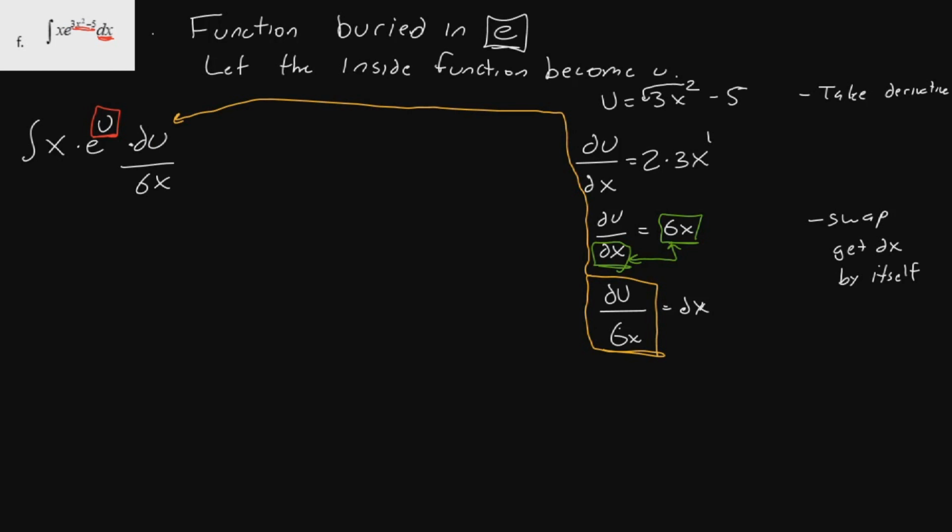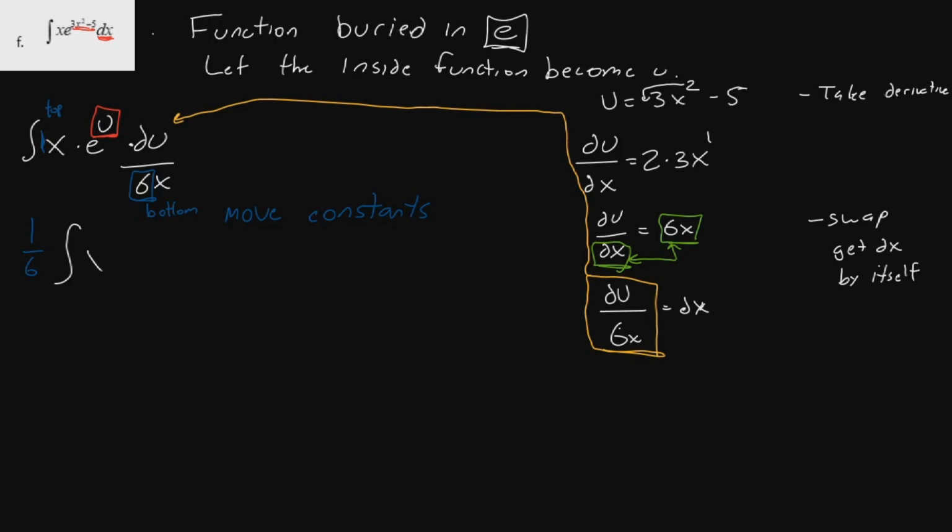Now, let's take our constants and move them out. We have a 6 on the bottom, and we have no numbers on top, so we'll use 1 on the top and 6 on the bottom. So now, when I write my integral, I can put my 1/6 on the outside.